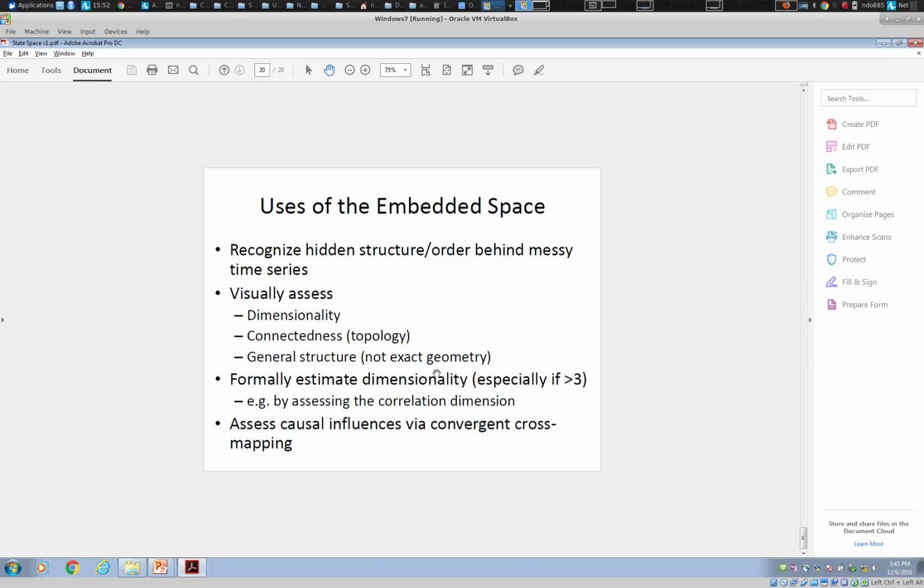We can actually get a lot of understanding of the hidden order that lies behind it. So this is one of the ways in which, using empirical data, using modern techniques, we can get some understanding of how the system that gave rise to that data needs to be structured.